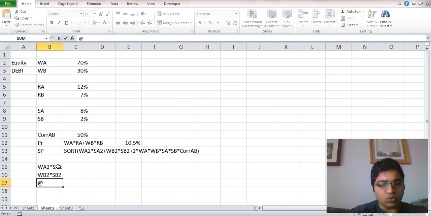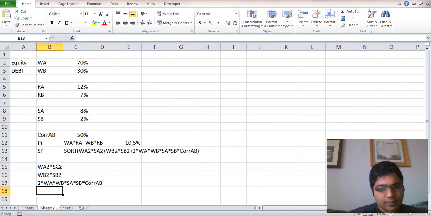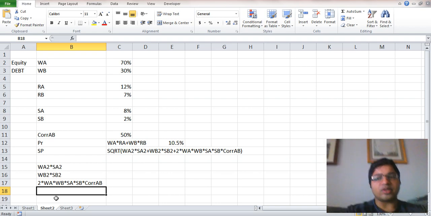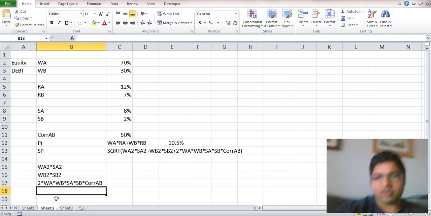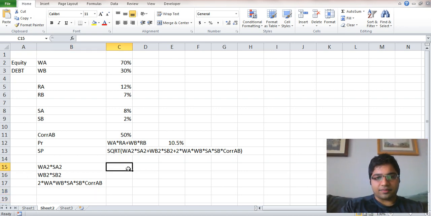Then solve 2 multiplied by weight of asset A, weight of asset B, standard deviation A, standard deviation B, correlation A and B. Then add these 3 together, and the final step, take a square root. So we are breaking the problem into steps so that it becomes easier. Okay, so let's solve the first bracket.